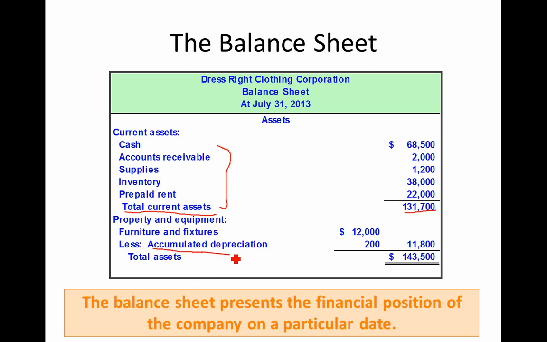The contra account for accumulated depreciation can either be displayed like it is here, or more than likely it will be presented as property, plant, and equipment net of depreciation, and that will give us our total assets.